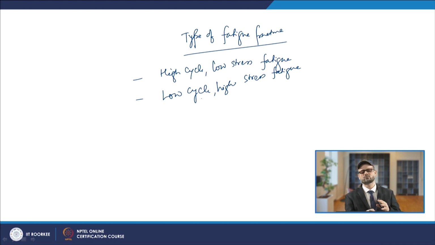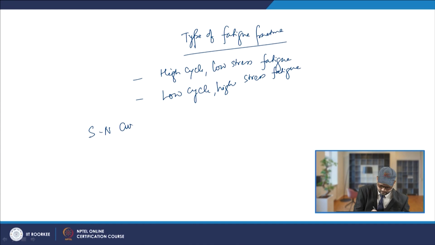In these cases, normally you have the stress value high, so correspondingly you will have higher strains. So, basically it will be low cycle and high strain fatigue. That normally happens in the case of fatigue fracture.